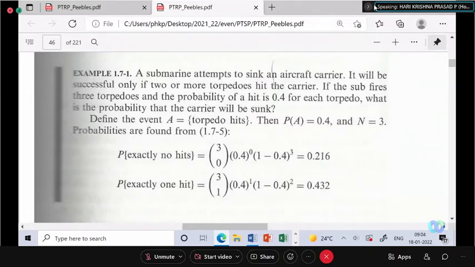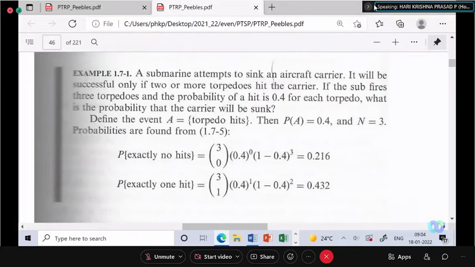Now, what is the experiment? Firing the torpedo. That is the experiment. What is the outcome? The carrier getting collapsed or sinking. So, in this experiment, hitting the carrier is an event.